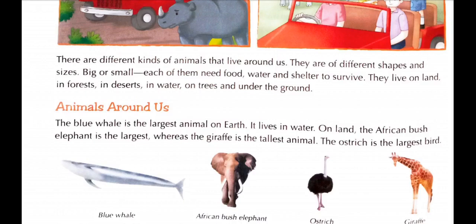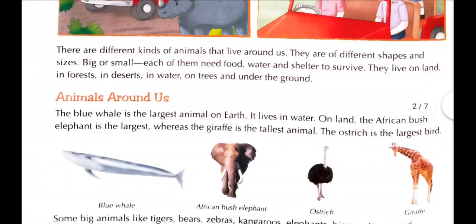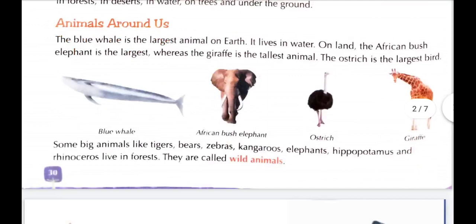Now move on to the next paragraph, that is Animals Around Us. The blue whale is the largest animal on earth. It lives in water. The African bush elephant is the largest land animal, whereas the giraffe is the tallest animal. The ostrich is the largest bird.